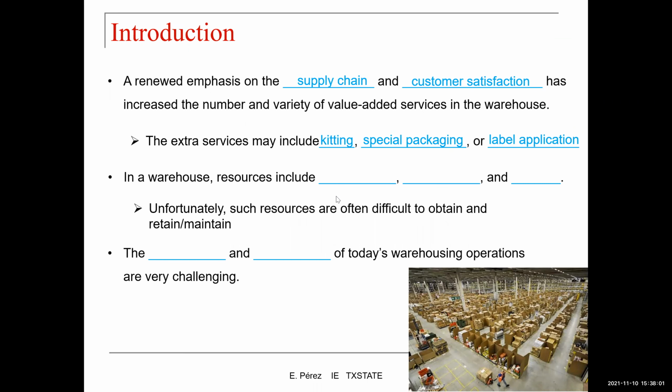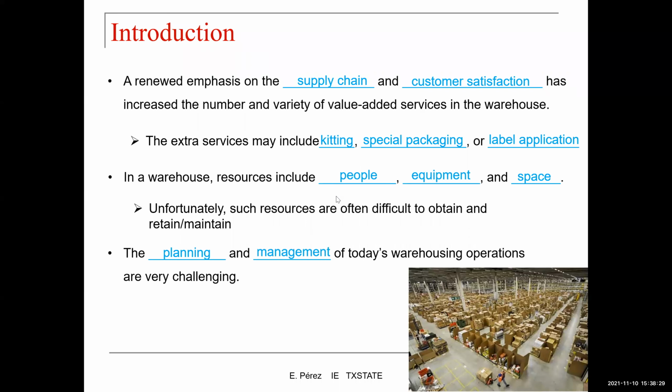In our warehouse, resources include people, equipment, and space. So we are going to be dealing with these three mostly. People, the staff; the equipment, that includes the racks and also the material handling equipment; and the space, obviously. Unfortunately, such resources are often difficult to obtain and retain.